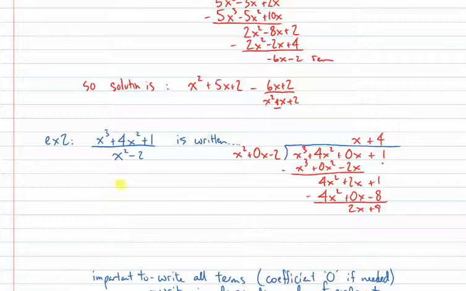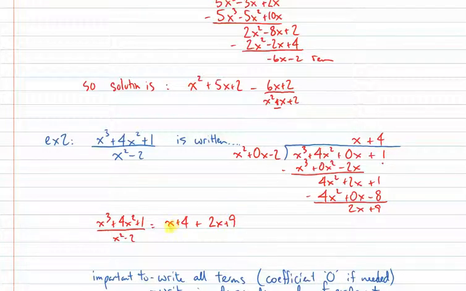That allows me to say that x cubed plus 4x squared plus 1 divided by x squared minus 2 is x plus 4 plus 2x plus 9. Now we don't leave it like that because that would simplify to 3x plus 13, indicating that that's the quotient, and that's not the quotient.